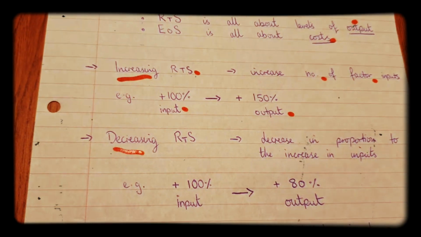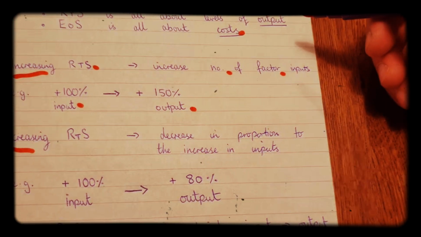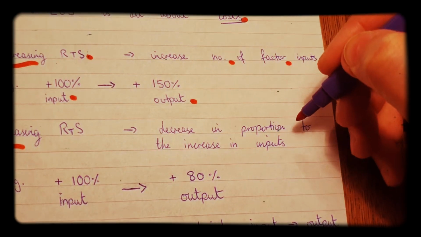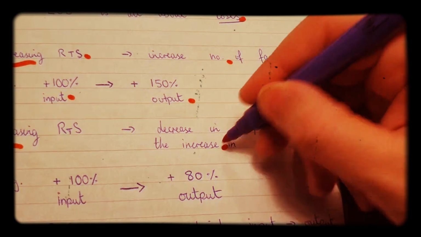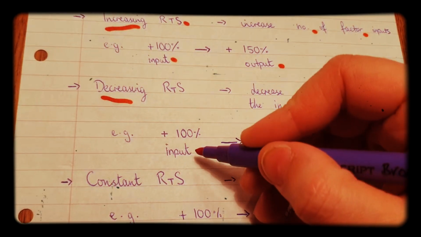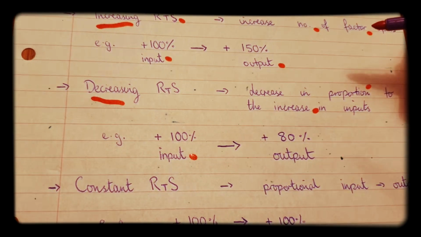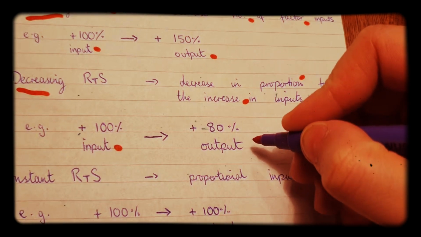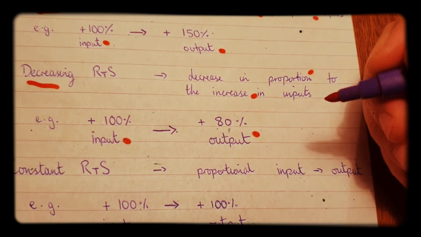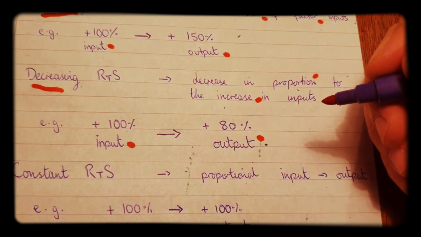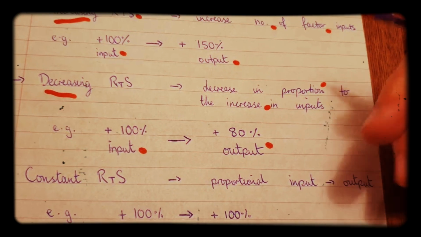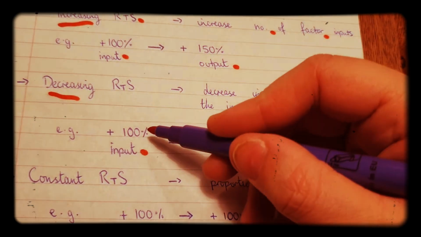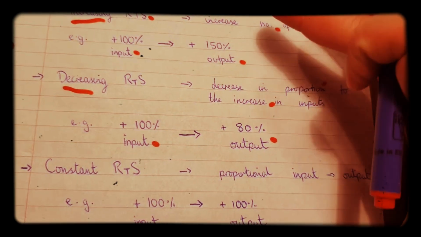Decreasing returns to scale is where there is a decrease in proportion to the increase in inputs. So if inputs increase by 100%, the business only experiences an 80% increase in output, or 90% or 60%. The idea being it's going to be less than 100%.